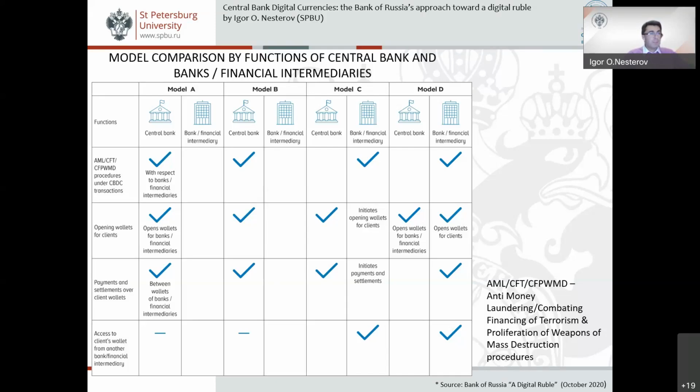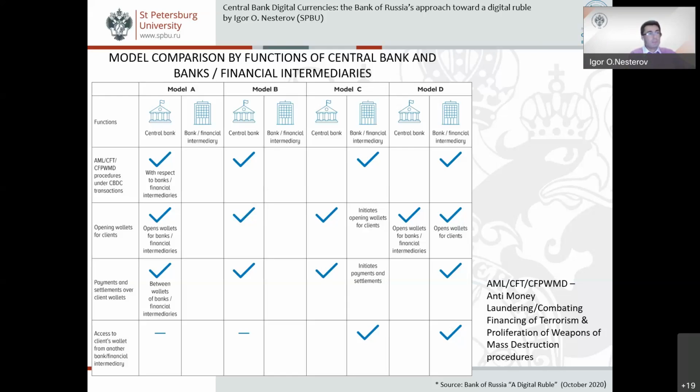In Model C, banks will be responsible for forwarding the client's request to open a CBDC wallet to the central bank. As I have already mentioned, there is quite limited technical function if we compare with the present financial and banking system.